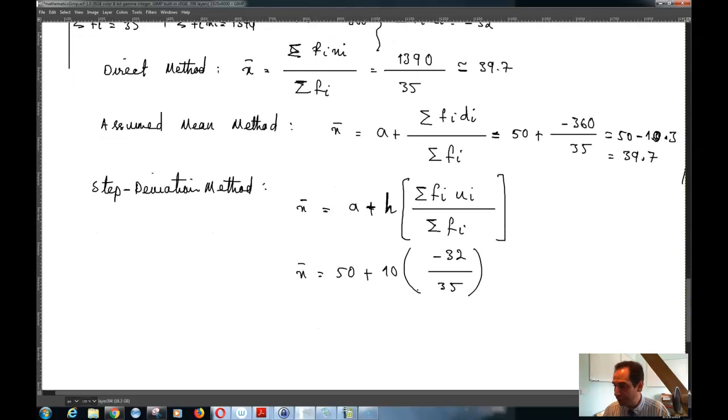And then if you divide 32 by 35, you will get 0.9114, and 10 times that is equal to this, and 50 minus this number is equal to 40.8.